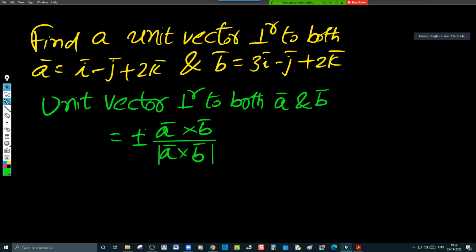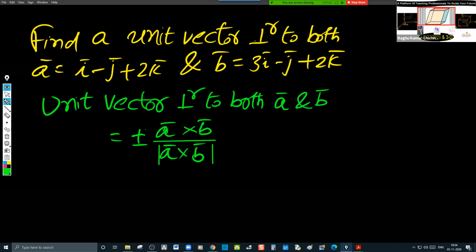And how do we find A bar cross B bar? The working rule is again the determinant.